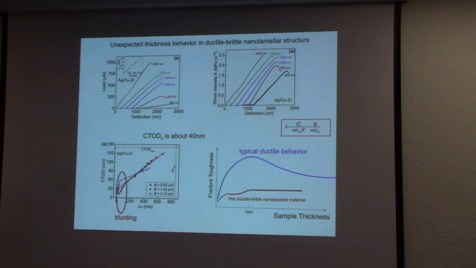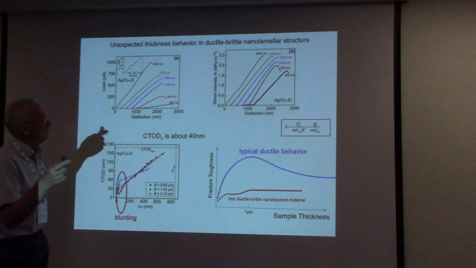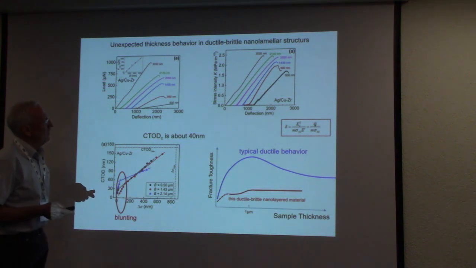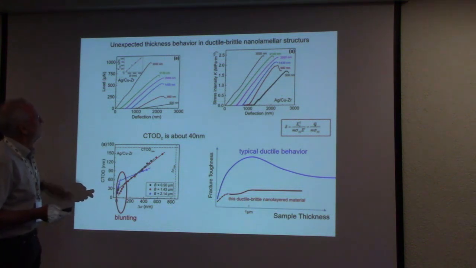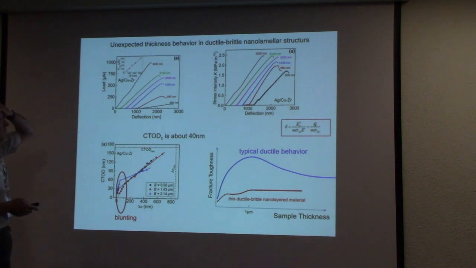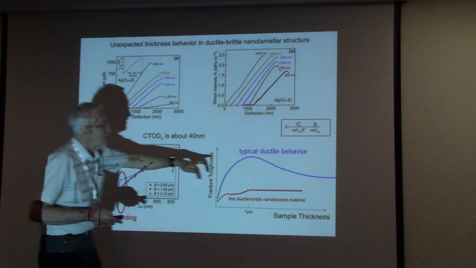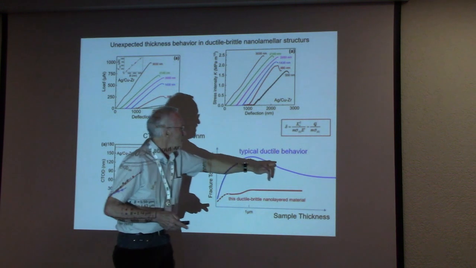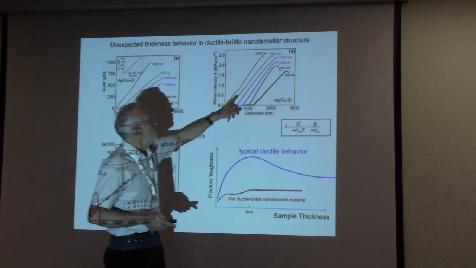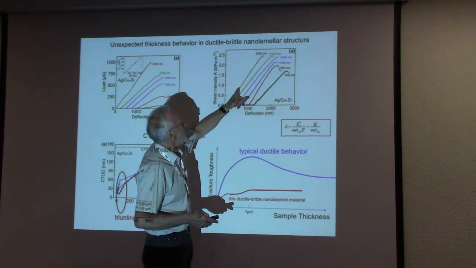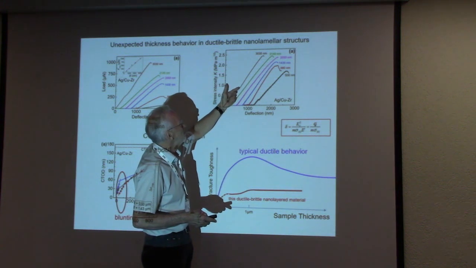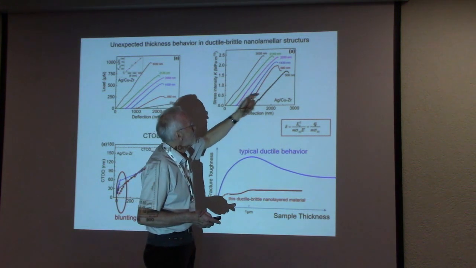We could not understand at the beginning what happened, because we thought, okay, we should have the size dependence, like what we have here. We should have an increase when we decrease the thickness of the sample. So we have studied different sample thicknesses from 3 micron to 500 nanometer.